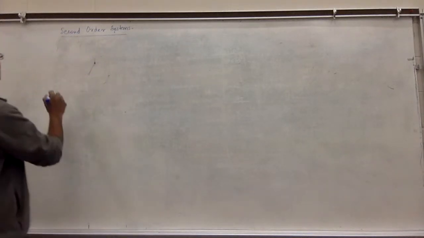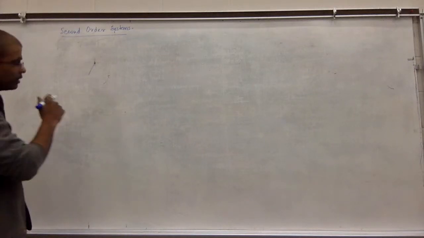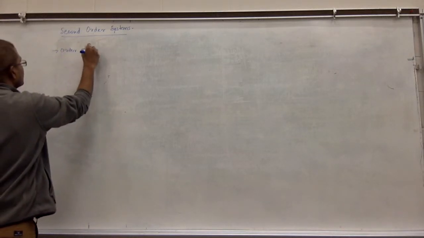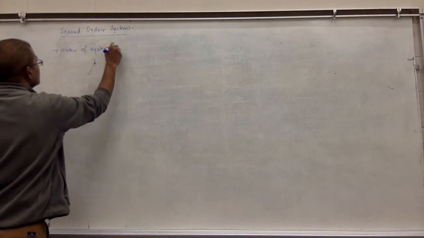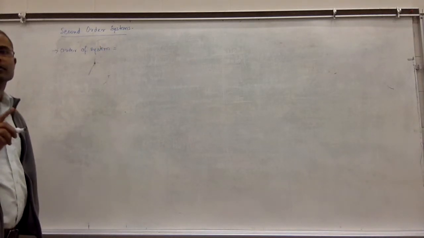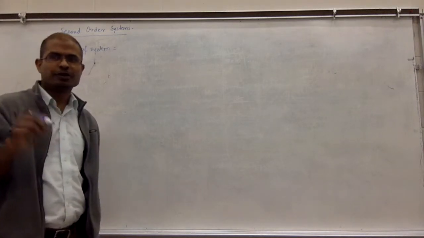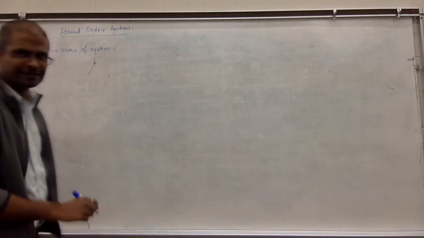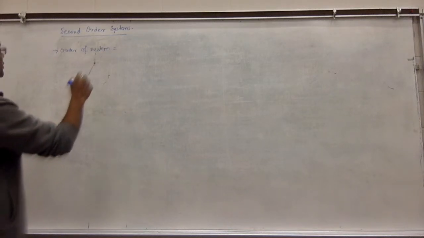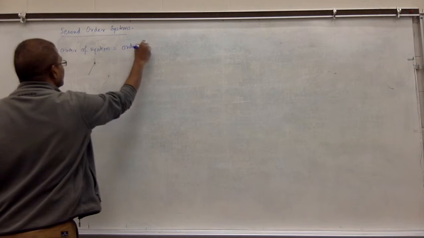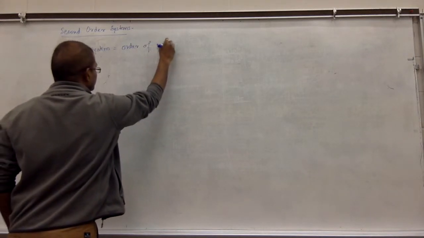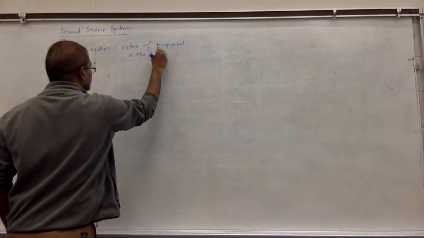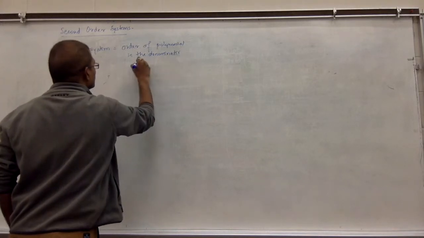So last class what we did was we defined a second order system. Again, just to refresh your mind, order of system is equal to the order of the polynomial in the denominator of the transfer function.